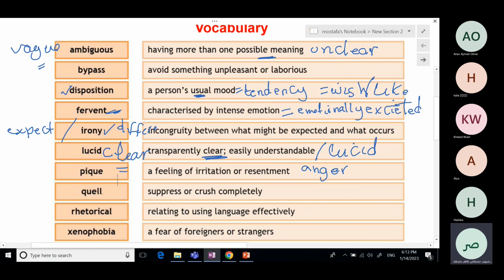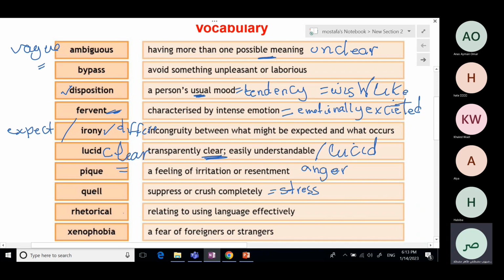Quell means to suppress or crush completely. To suppress something means to push on somebody or something strongly.